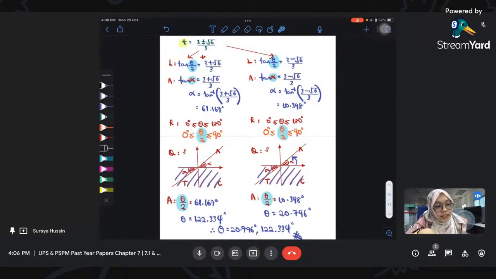Macam disebabkan you nak menulis so you pause kejap. Yes, Miss. You pause kejap sebab you nak menulis and so you lambat lah menjawab. Okay, I'm okay with that if you are really writing there.